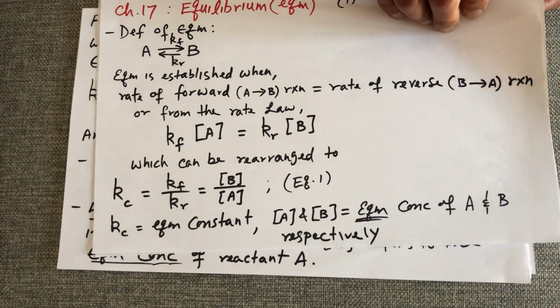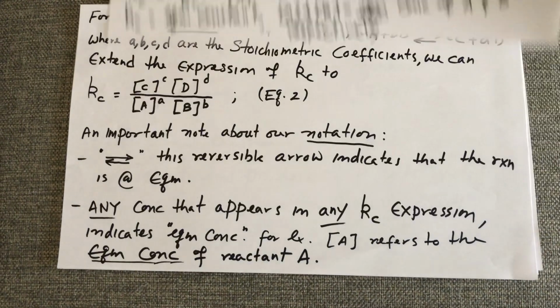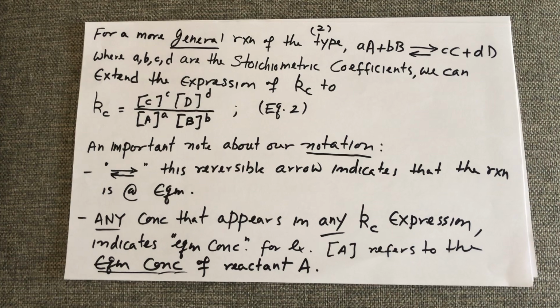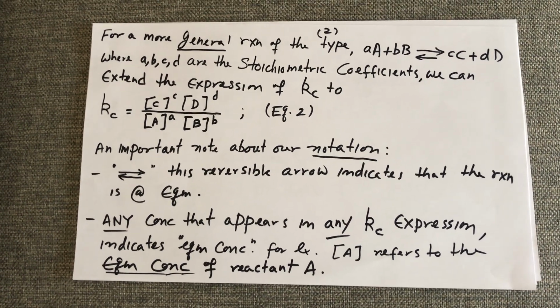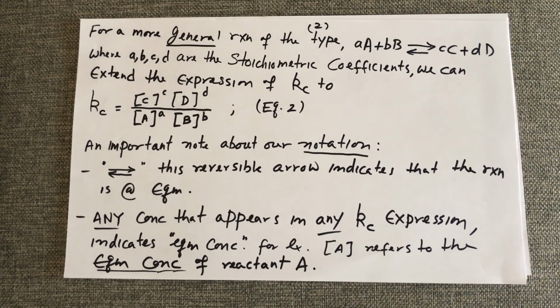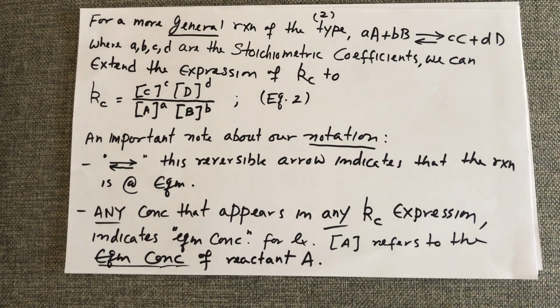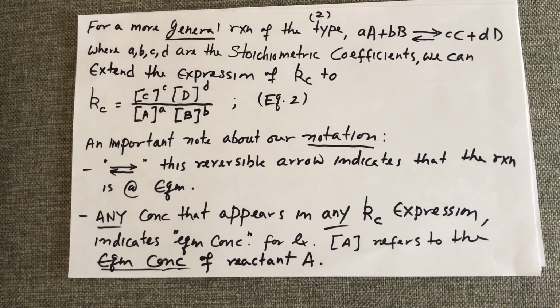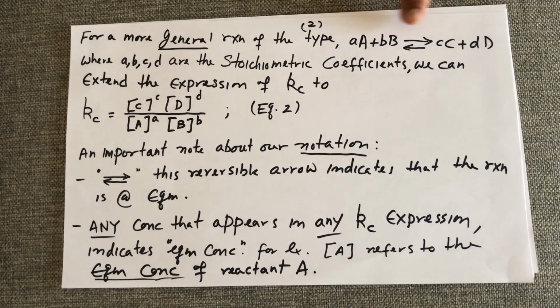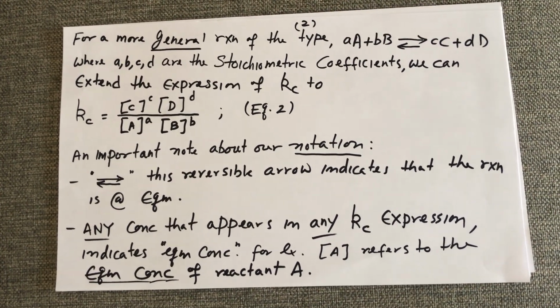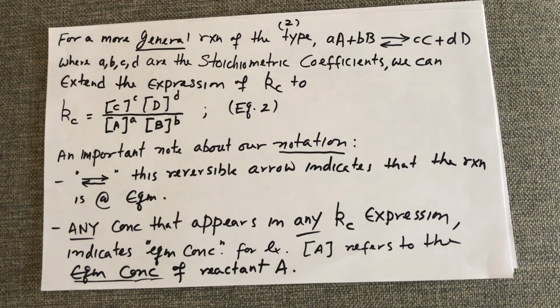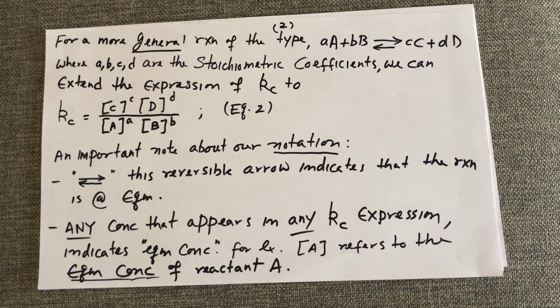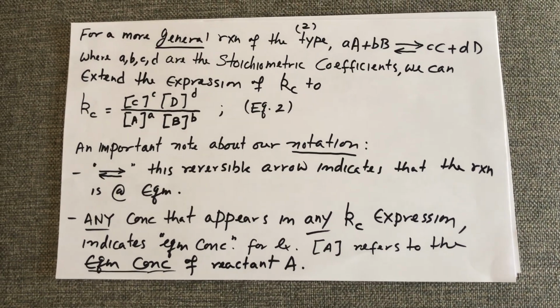Now let's go to the second page, page 2. For a more general reaction where we have stoichiometric coefficients, aA plus bB going to cC plus dD, where lowercase a, b, c, and d refer to stoichiometric coefficients, where they can be numbers like 2, 3, 4, whatever.